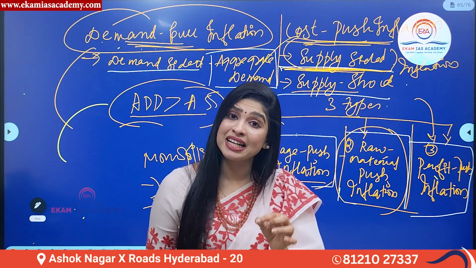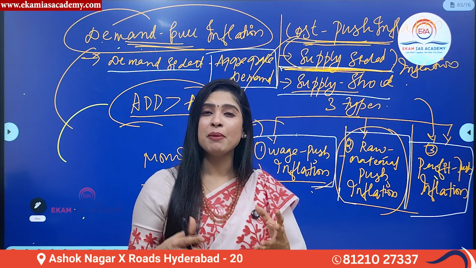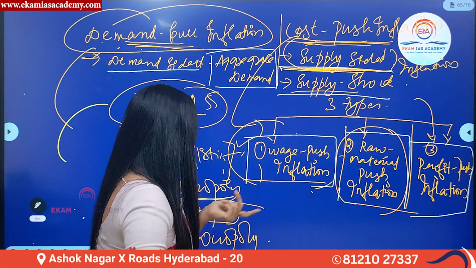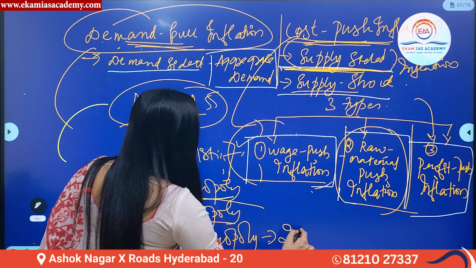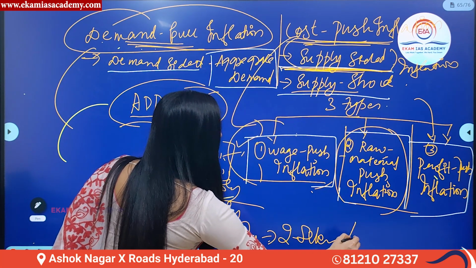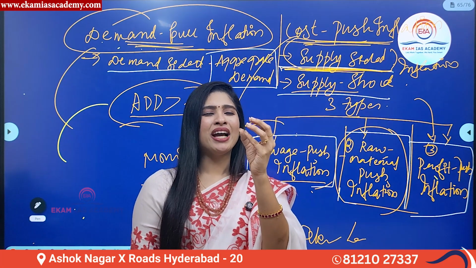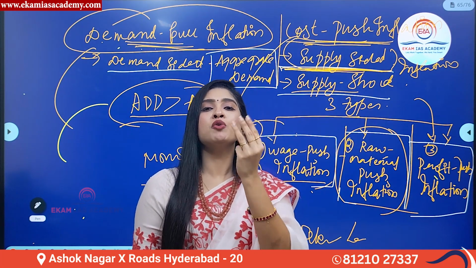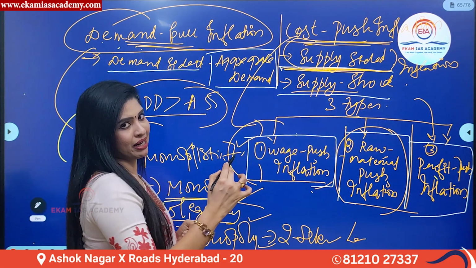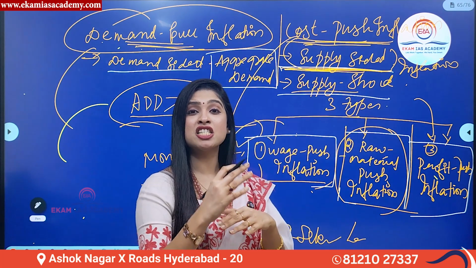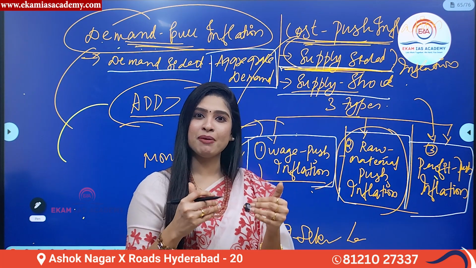What is oligopoly? Oligopoly refers to a market situation where there is a large number of buyers for the commodity, but at the same time only a few sellers. What is duopoly? Duopoly refers to a condition where there are two sellers for a commodity and a large number of buyers. Those markets where there are single, two, or few sellers, like monopoly, oligopoly, duopoly markets, in such market situations only, profit push inflation is possible because of the fewer number of sellers.